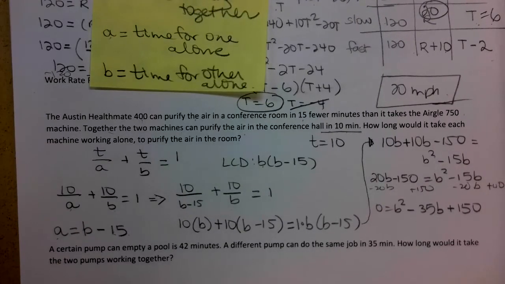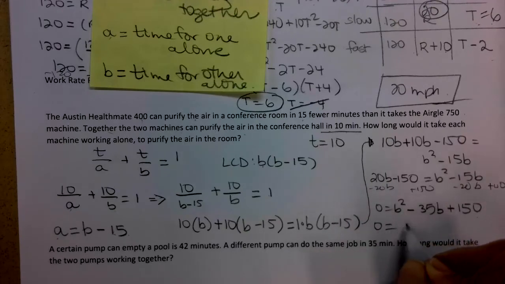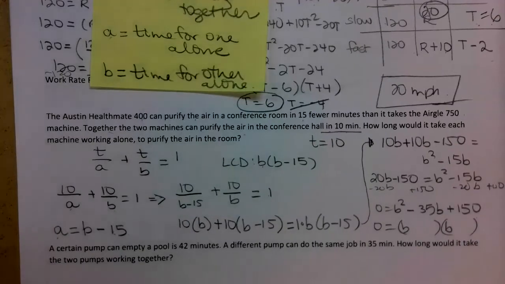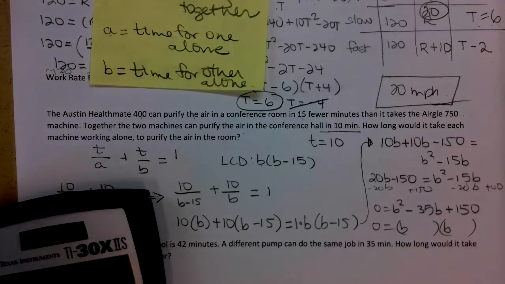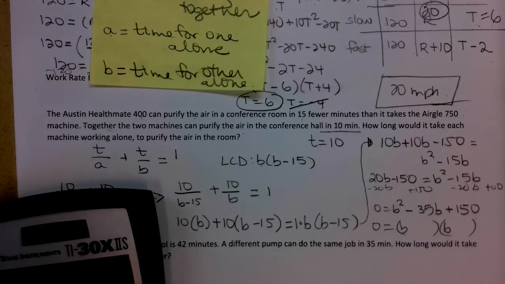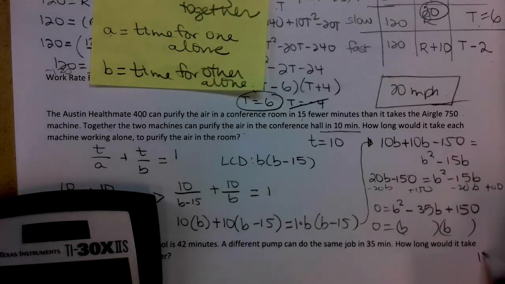So we're looking for numbers that will multiply to 150 and add to give me 35. Let's see. I'm just going to start guessing. I'm going to try 12. No. So I have 15 and 10.